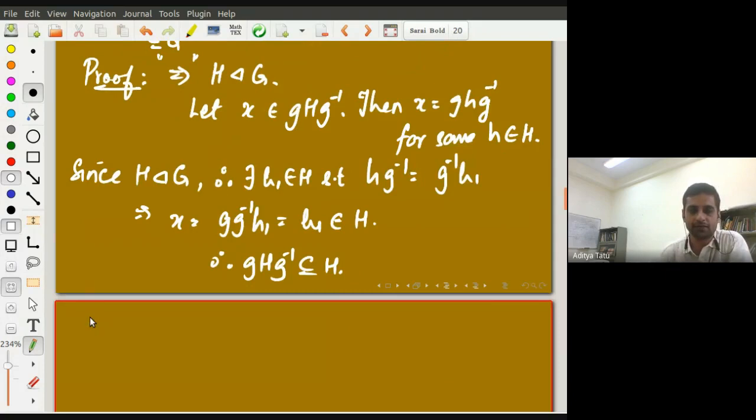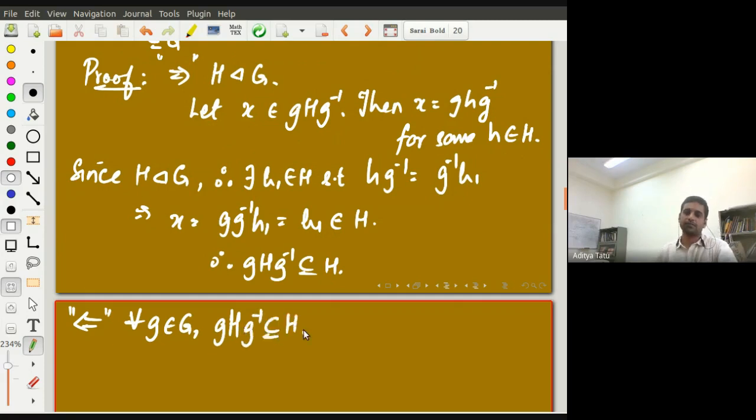How about the other way around? This is given. What do we need to show in order to show that H is a normal subgroup of G?